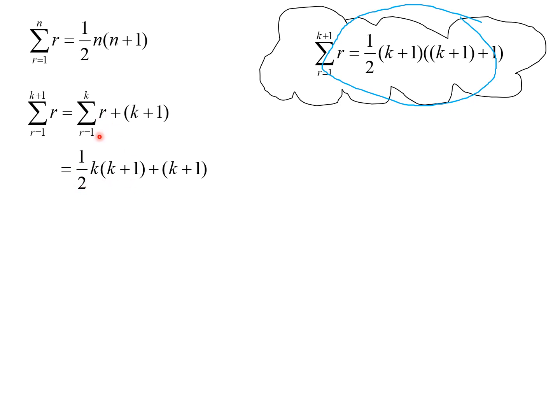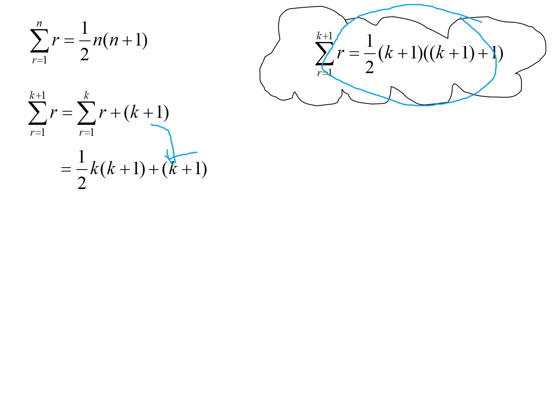The sum of r from 1 to k is actually given over here, right? So we substitute n as k, which was the assumption we did in step B. We copy this down here, the answer in part B, and then this is k plus 1, which we copied down earlier from the first step.